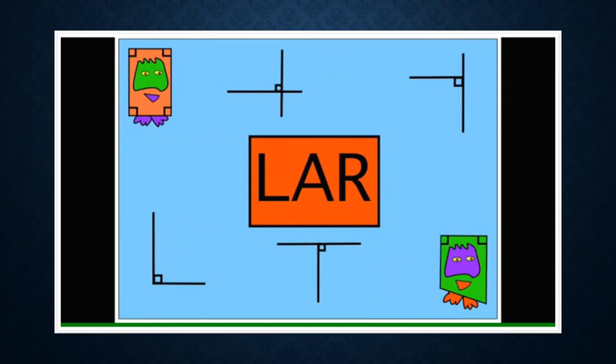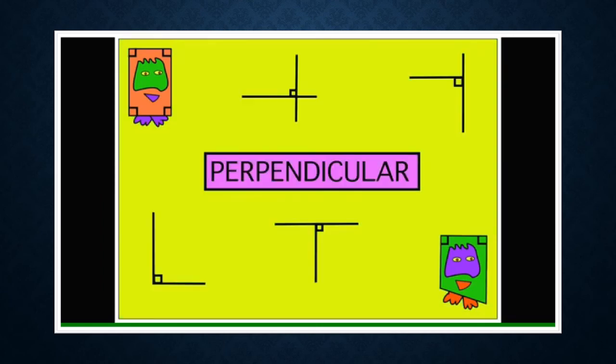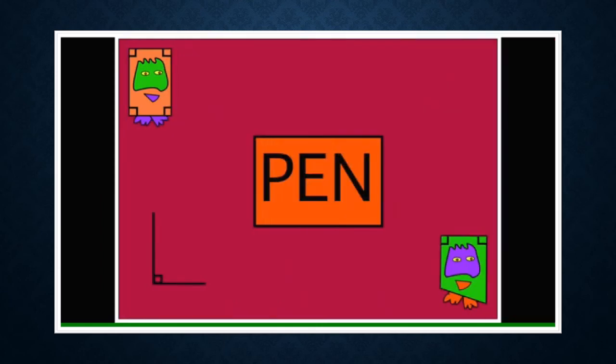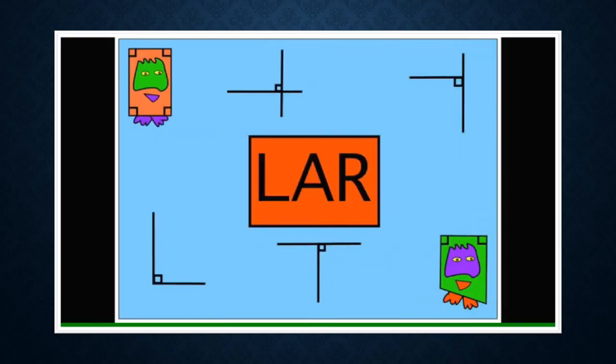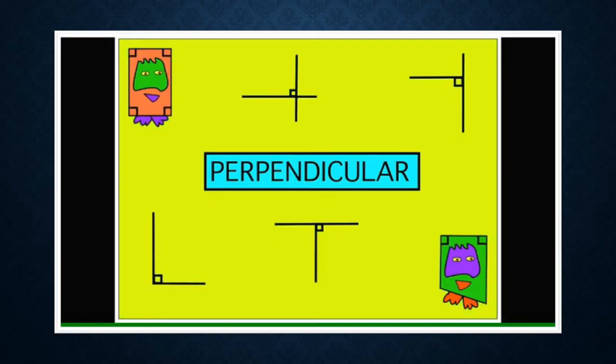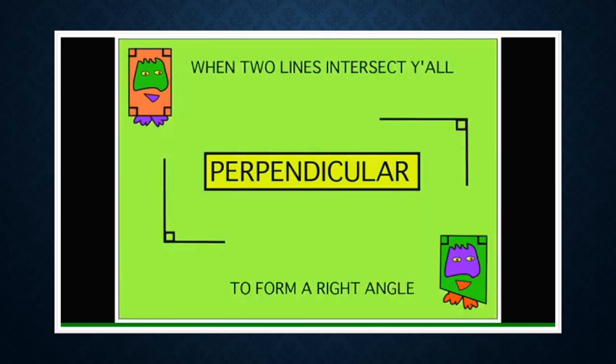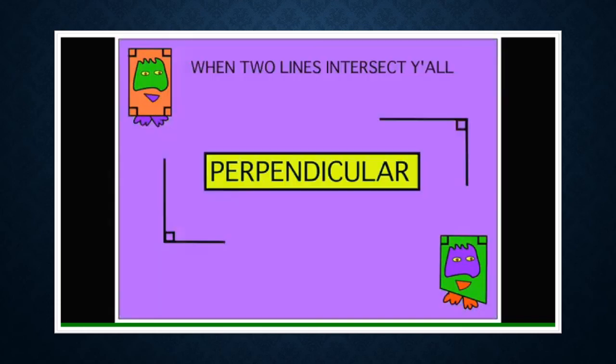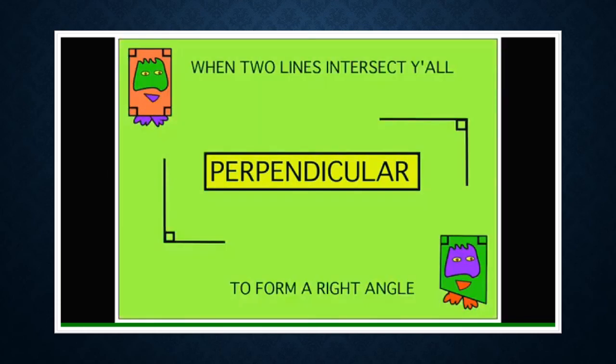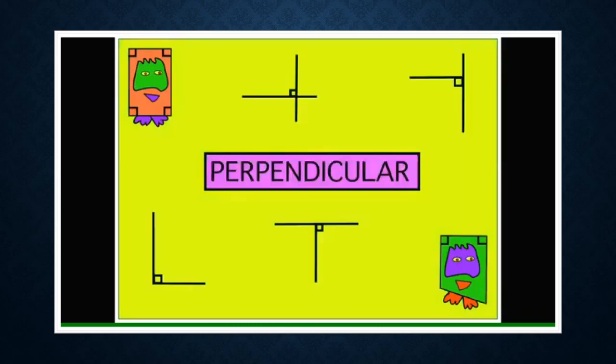Perpendicular. Perpendicular. Perpendicular. Perpendicular. When two lines intersect, y'all, to form a right angle. Perpendicular. When two lines intersect, y'all, to form a right angle. Perpendicular.